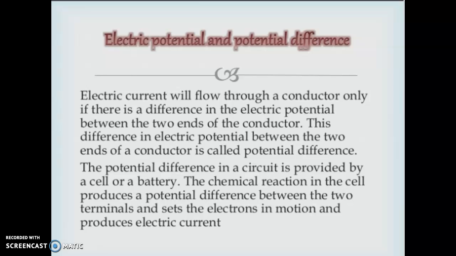In a similar way, the current will flow until there is a difference in electric potential. This difference in electric potential between two ends of a conductor is called potential difference. It can be provided by a cell or battery.